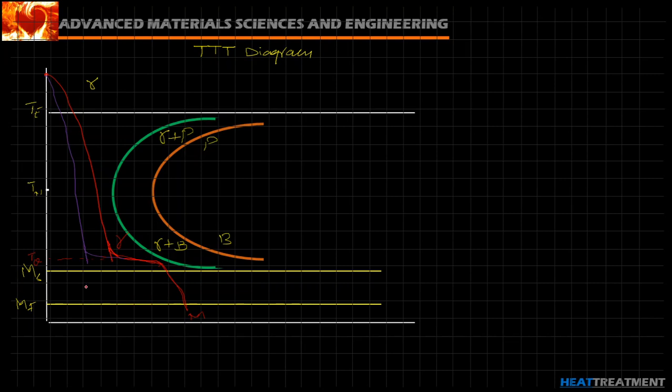So this time can be used to equalize the inside and the outside temperature of the component, and this is the idea behind the result of mar quenching or mar tempering.